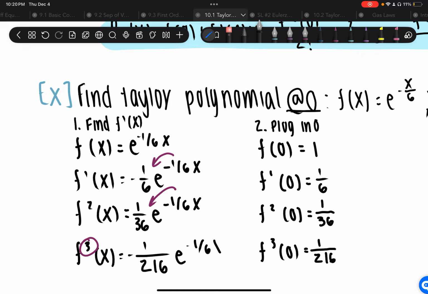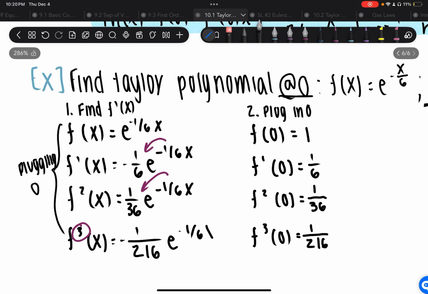So for each of the derivatives I have found, we're going to be plugging in 0 for x. And when I do so for my f of x through f3 of 0, I get these values over here: 1, 1, 1/6, 1 over 36, and then negative 1 over 216.